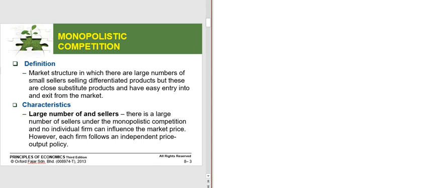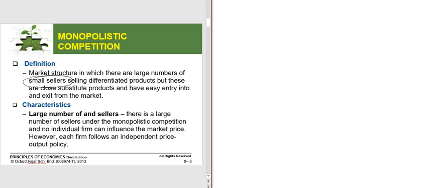So what is a monopolistic competition market? It is a market structure where there are a large number of small sellers, basically the same as what we have in a perfect competition market. This first characteristic is almost the same as perfect competition.